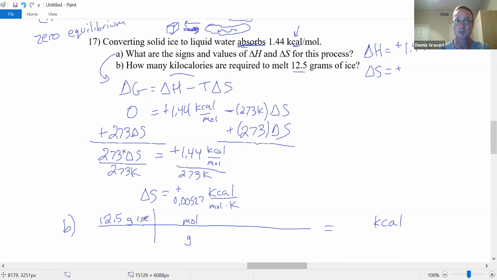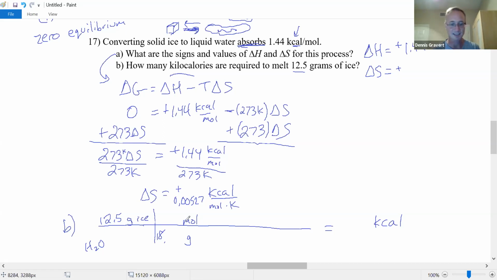What's the chemical formula for ice? It's H2O. So this is molar mass, grams per mole. Go to the periodic table, and 2 hydrogens weigh about 1, an oxygen weighs about 16. This should weigh about 18. If you do the math, it is 18 point. I round it off to 18.